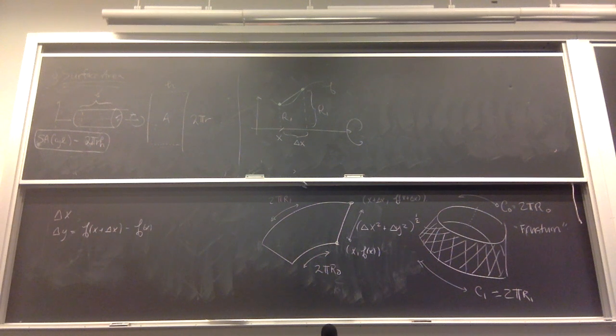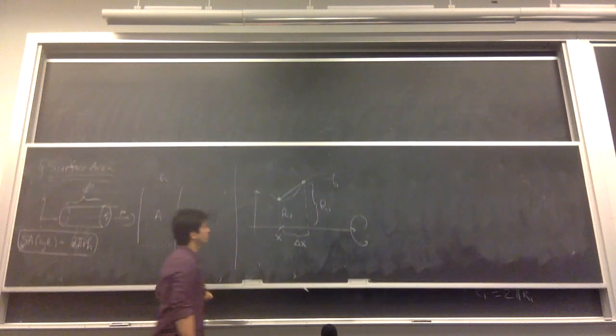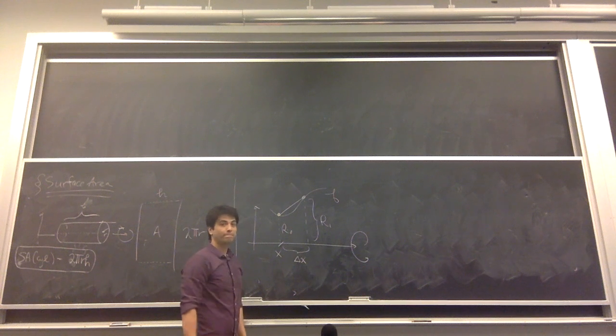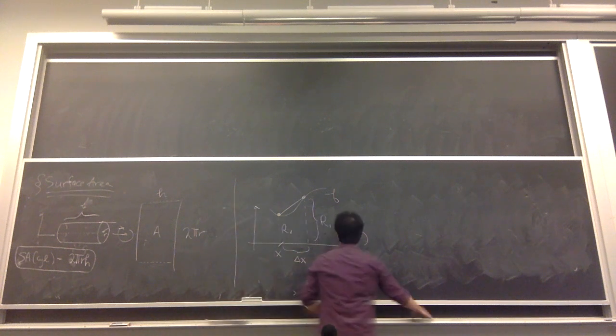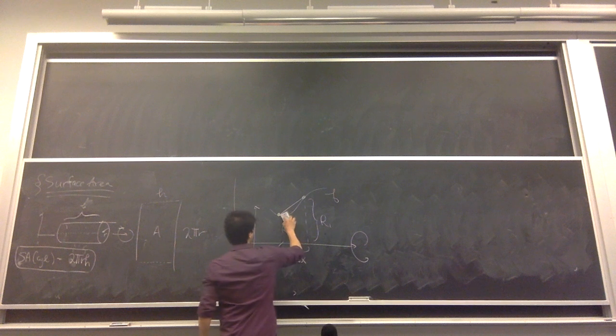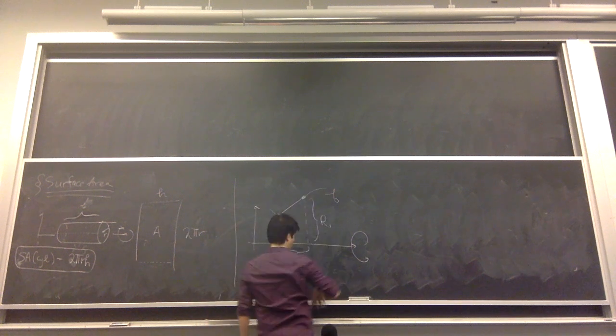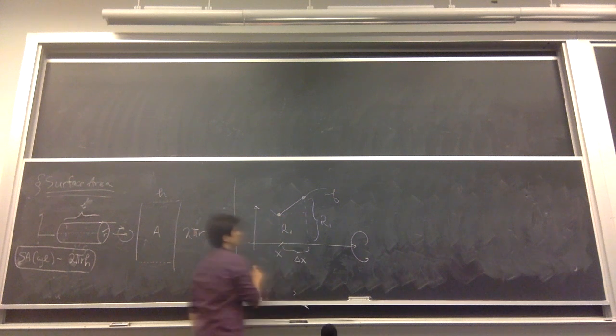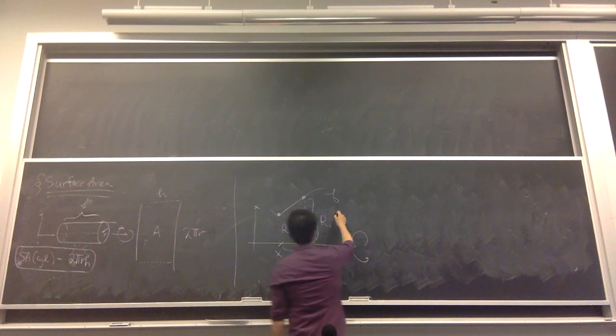Okay, let's go back to this picture up here and try to notice some things. Can I express r1 in terms of r naught? Let's remove that curve and draw in some extra pieces. What's this distance?